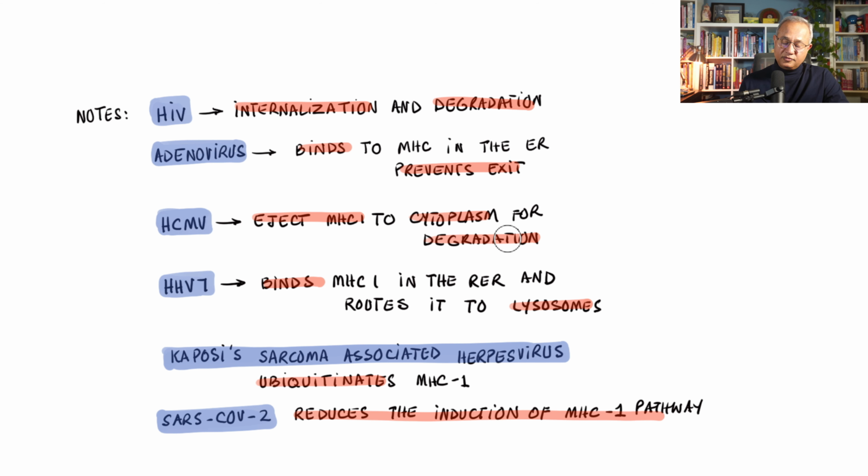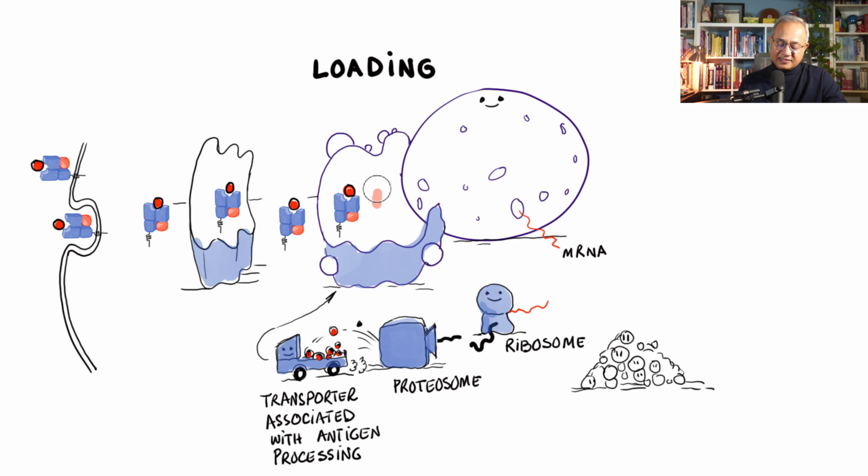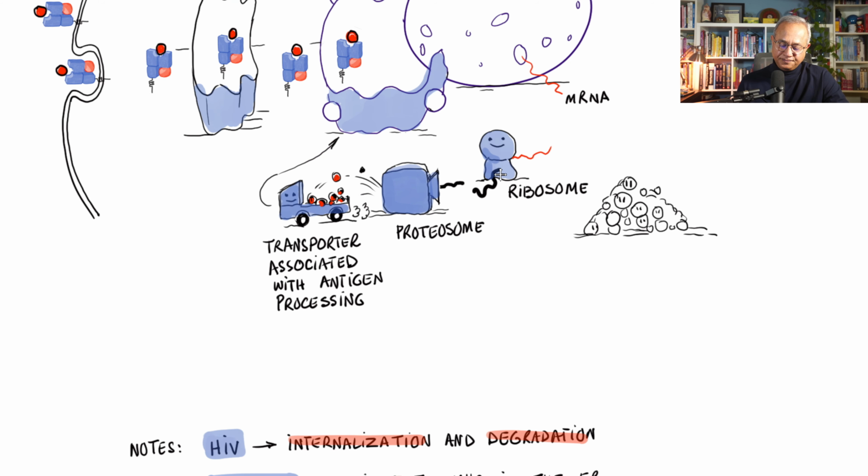Similarly, human cytomegalovirus can eject MHC I to the cytoplasm for degradation. So remember that I said that some proteins that cannot be loaded on the MHC I will be kicked out. This virus can actually cause the MHC I to be kicked out. And once the MHC I is out in the cytoplasm, it is in the wild, wild west. It will actually be degraded and killed.